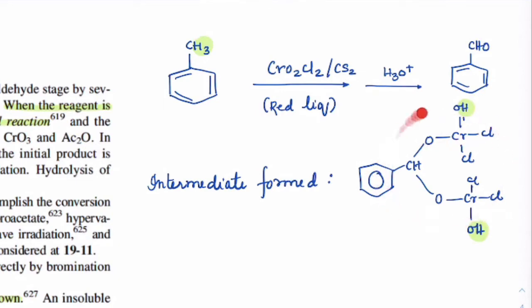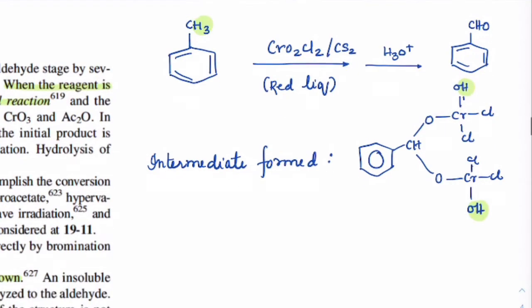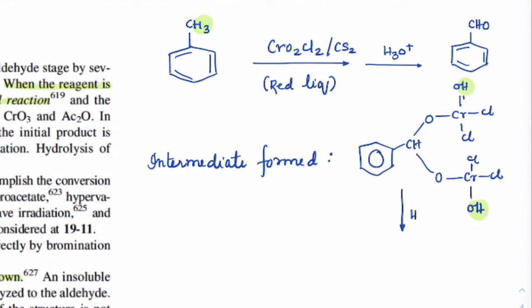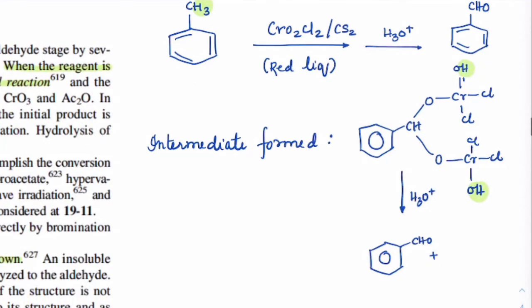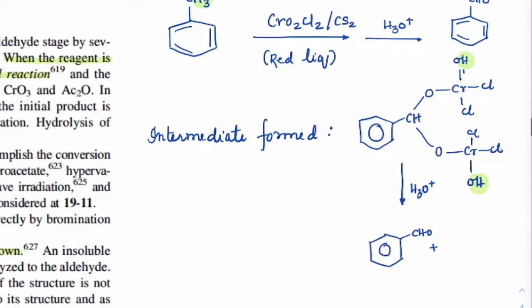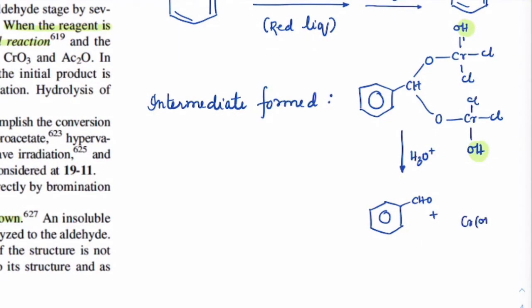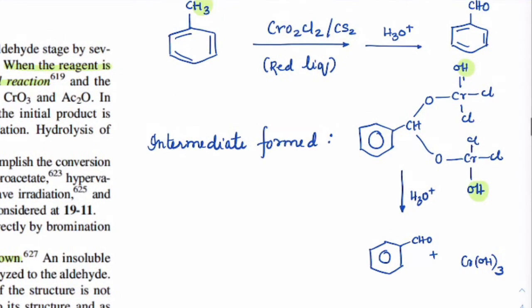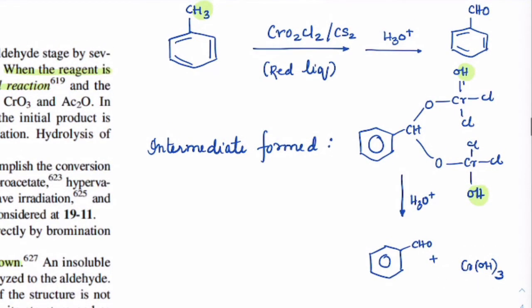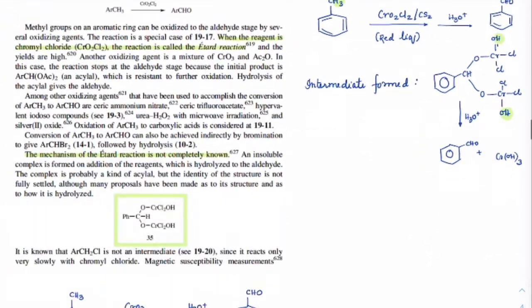Once you get this intermediate, you hydrolyze with H3O plus, and on hydrolysis we will get CHO, and we will have this CrOH and OH. Slowly, on hydrolysis, all the chlorines will leave and finally we will have Cr(OH)3. Got it? So this is how much you need to know about Etard.